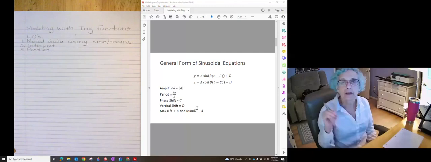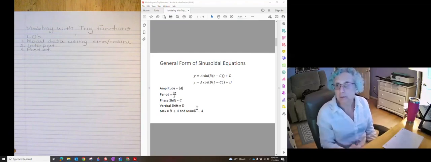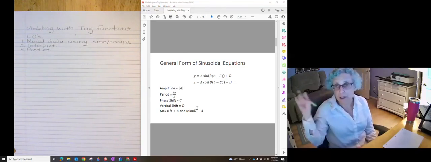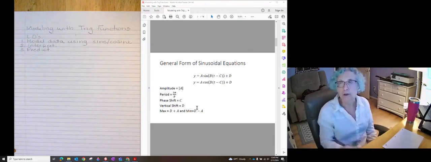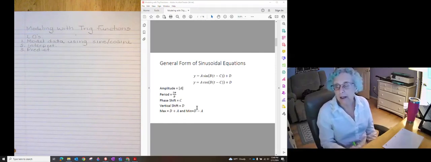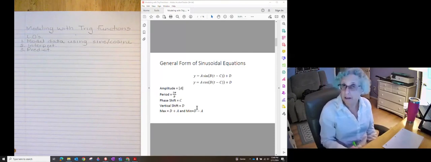The period is 2 pi divided by whatever number is sitting right next to the variable. The phase shift is C if you have parentheses around T minus C. The vertical shift is the plus or minus at the end. And then the max is A plus D, and the min is D minus A.